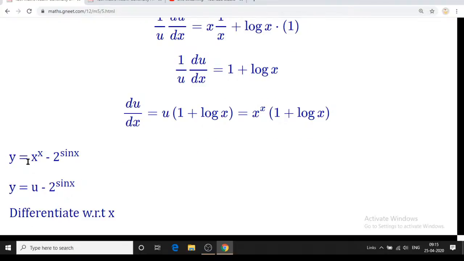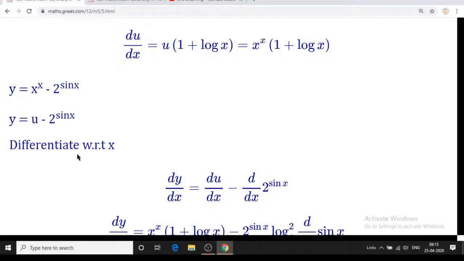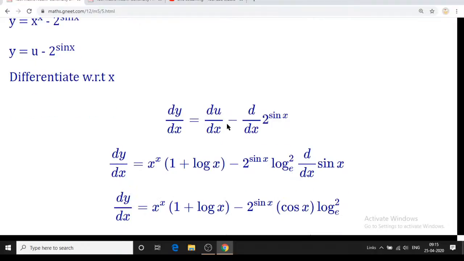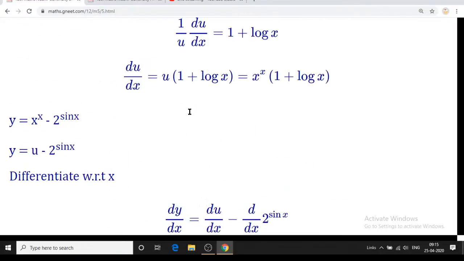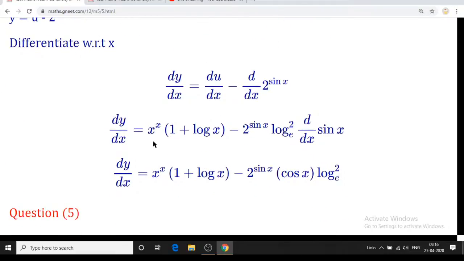Now the question: y was given as x raised to x minus 2 raised to sin x. This x raised to x will be replaced as u. So y is equal to u minus 2 raised to sin x. Now we will differentiate with respect to x. We get dy by dx is equal to du by dx minus d by dx of 2 raised to sin x. Here du by dx we have already calculated: x raised to x times 1 plus log x, which will be replaced here.